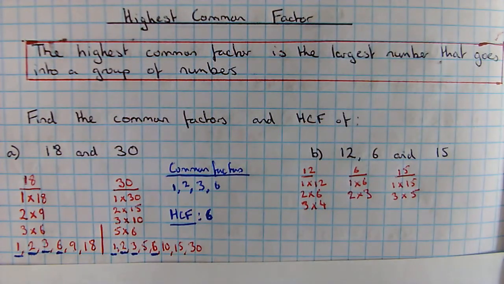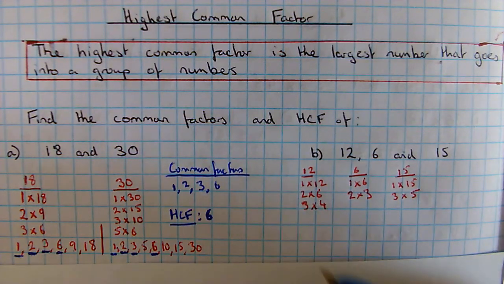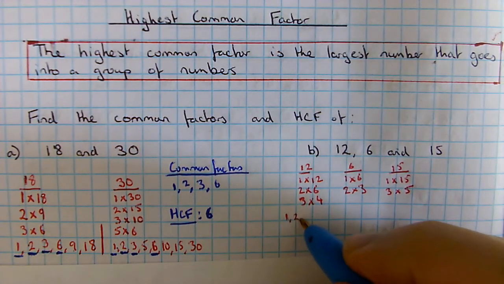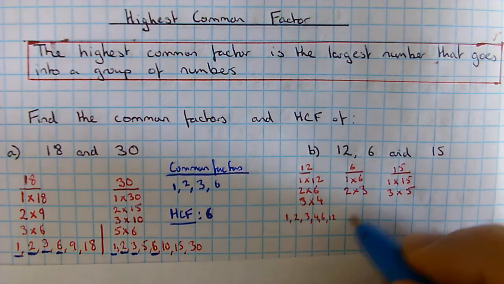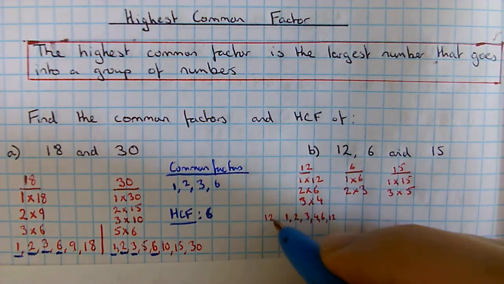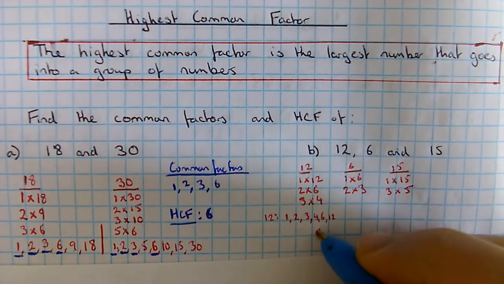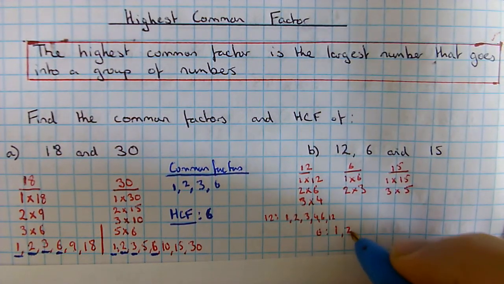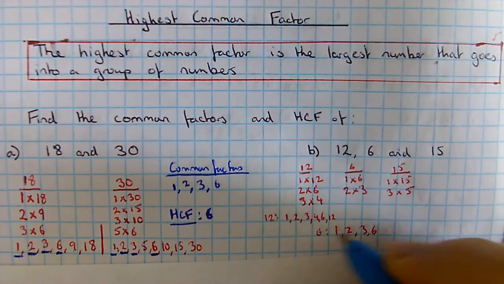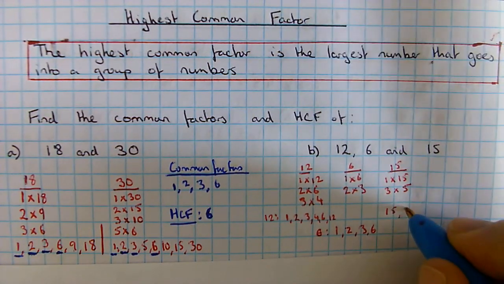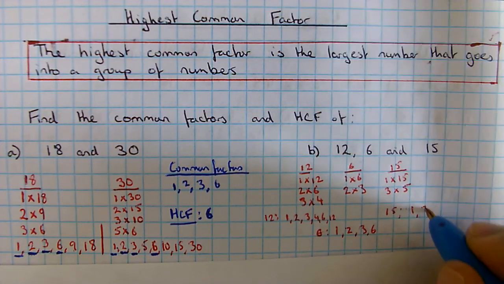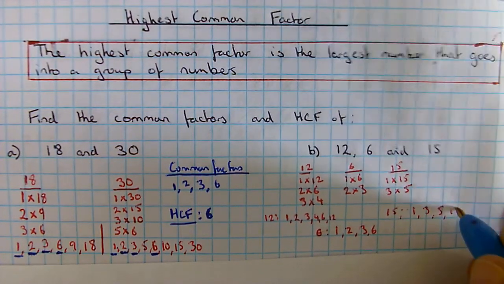Let me just write these out. For 12, I've got 1, 2, 3, 4, 6, and 12. For 6, I've got 1, 2, 3, and 6. And for 15, I've got 1, 3, 5, 15.